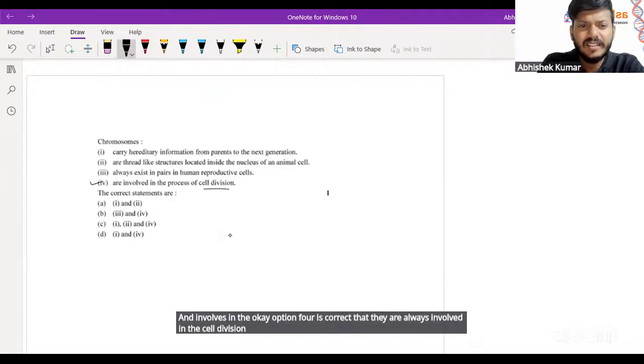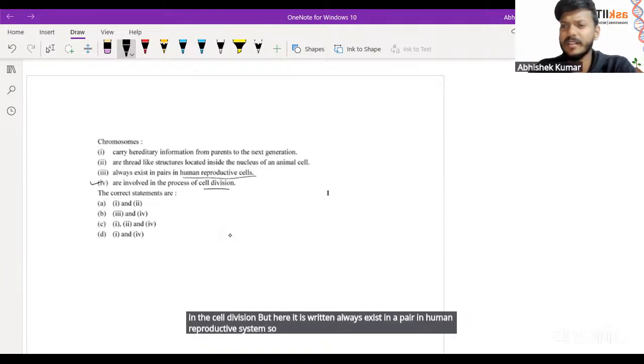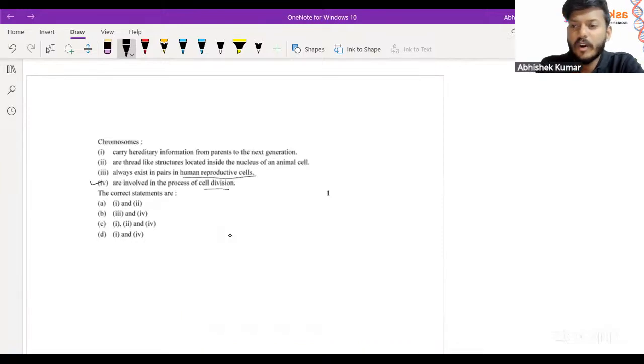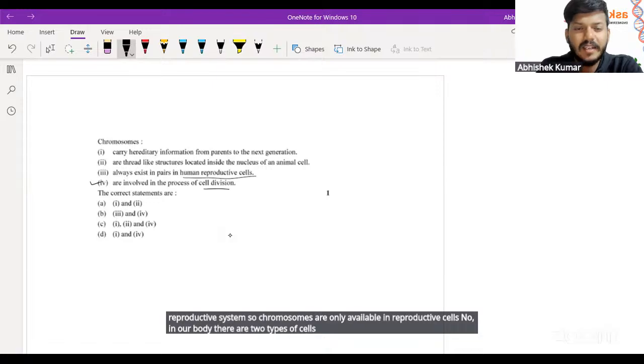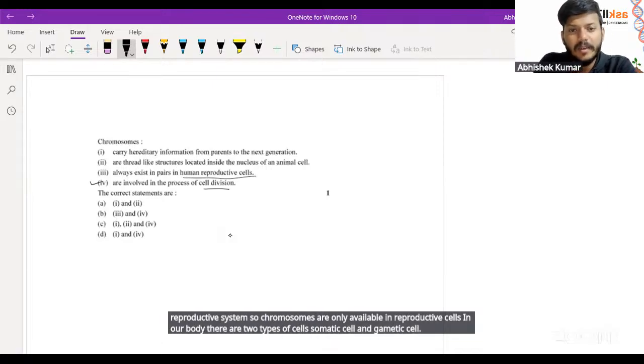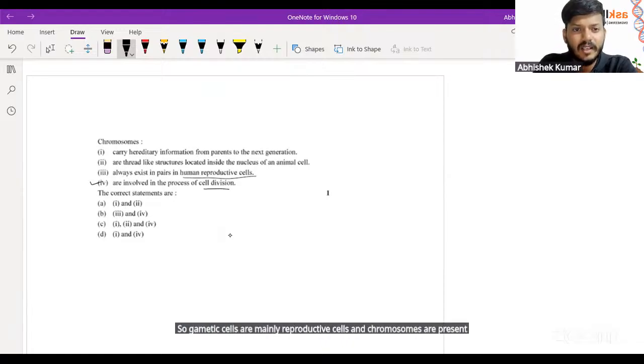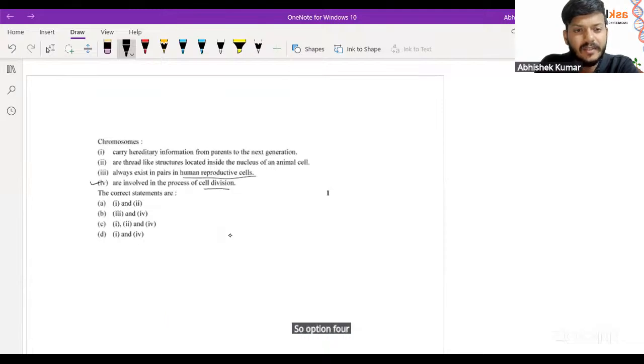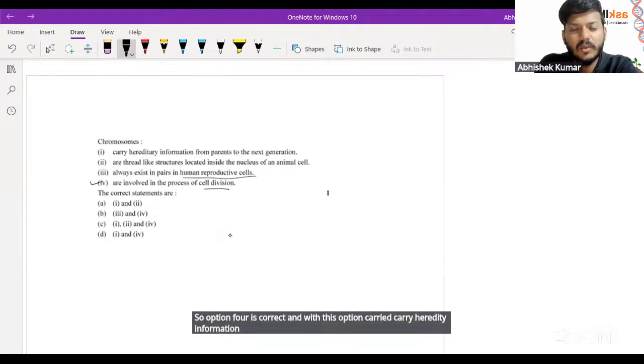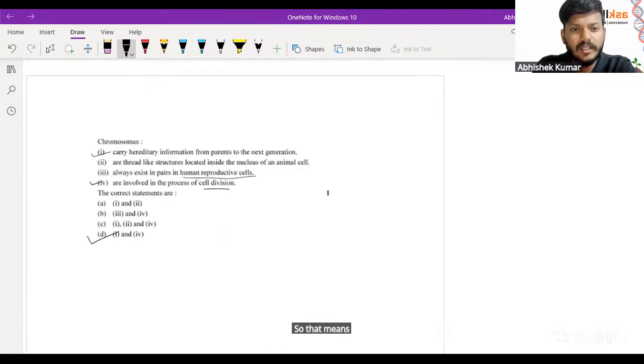But here it is written they always exist in pairs in human reproductive cells. In our body there are two types of cells, somatic cells and gametic cells. Gametic cells are mainly reproductive cells, and chromosomes are present in both types of cells. So option 4 is correct, and option 1, carrying heredity information from parents to the next generation, is also correct. So that means option D.